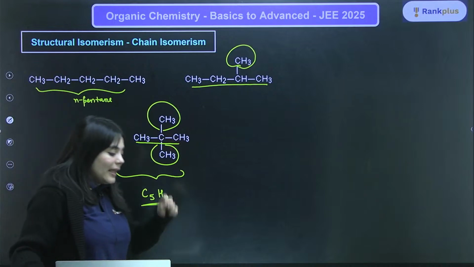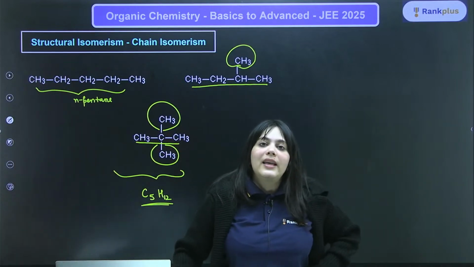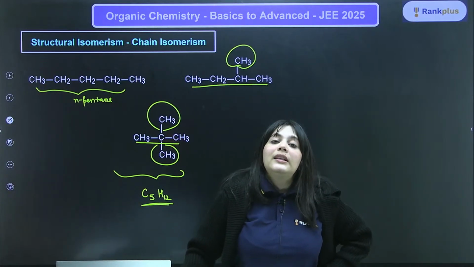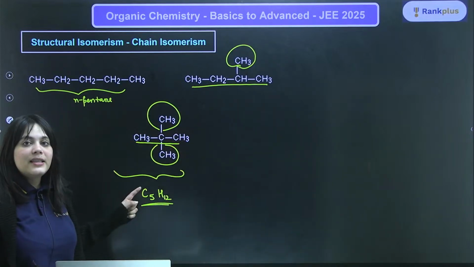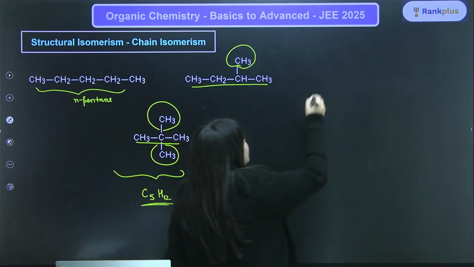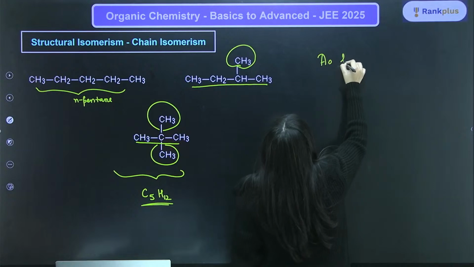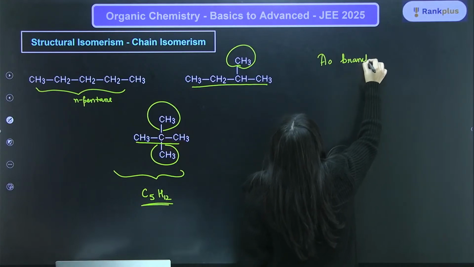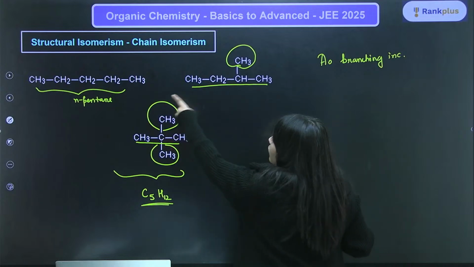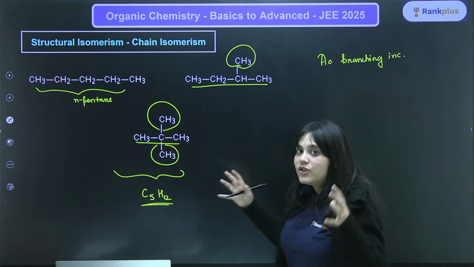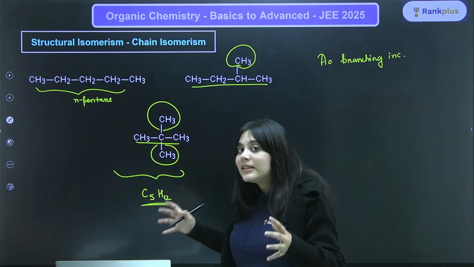Now what is the thing that you should know for your JEE exams for chain isomerism? The number one thing: as the chain length decreases, as the branching increases, write it down. As branching increases, can everyone see that when I'm moving from here to here, the branching is increasing. So in this case, what is happening?